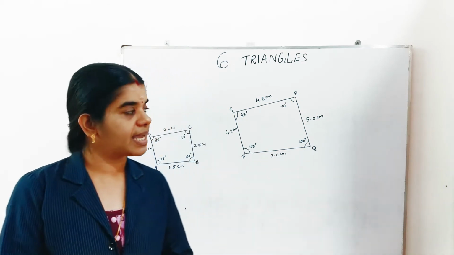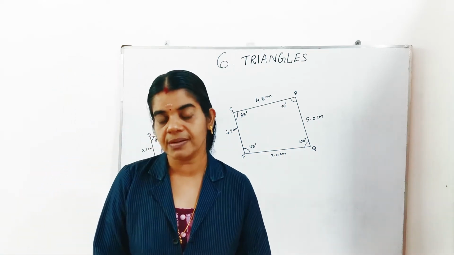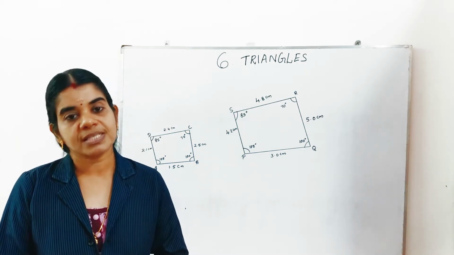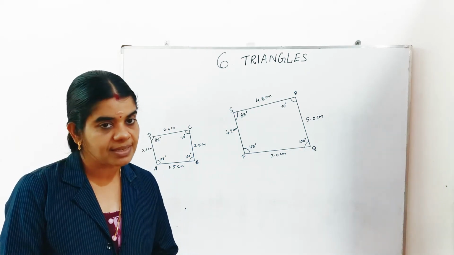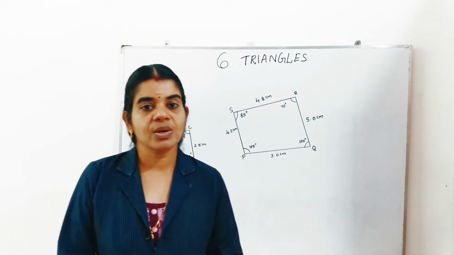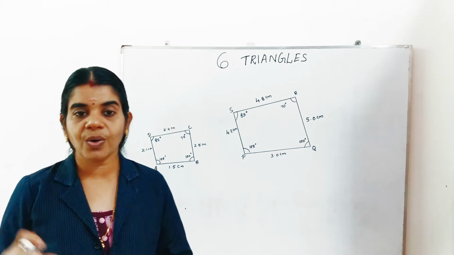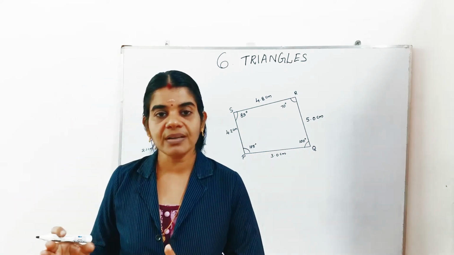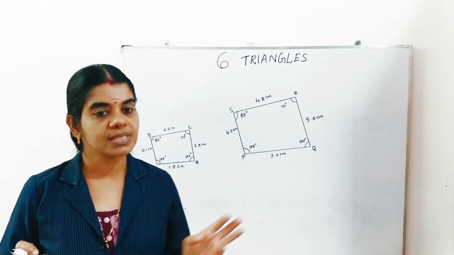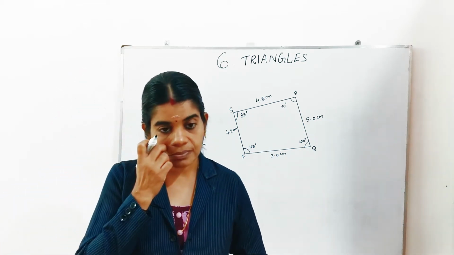Now we are discussing similar figures. What is meant by similar figures? Similar figures means same shape but different size. All circles are similar figures, because they have the same shape but different radii.